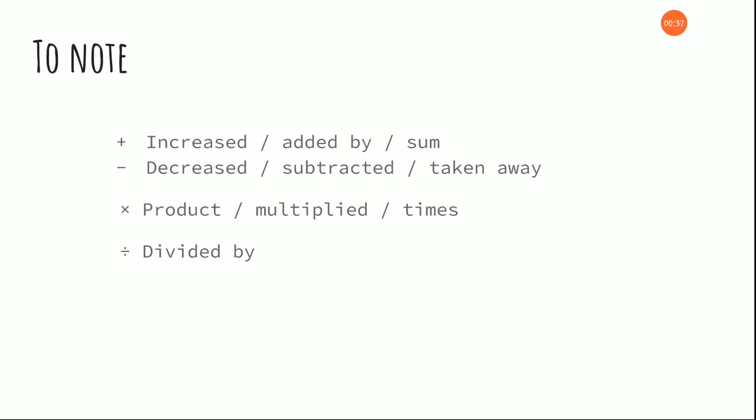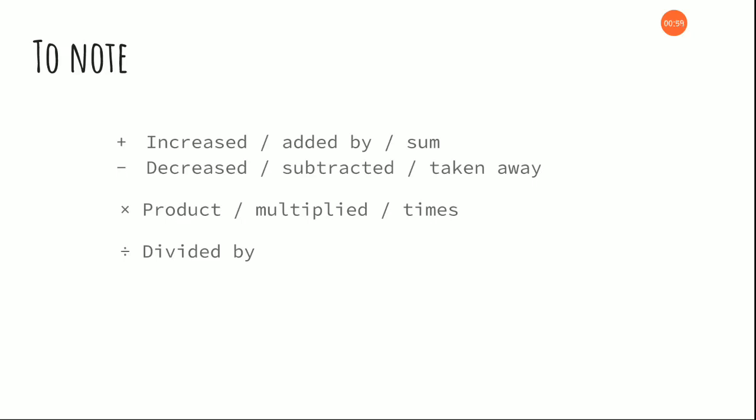When there is a plus sign, we can say increased by, added by, or sum. If there is a minus sign, we should say decreased, subtracted, or taken away from. These are the words you can use so that once you see that sign, you can think of these words. You can write any one of these words for subtraction.